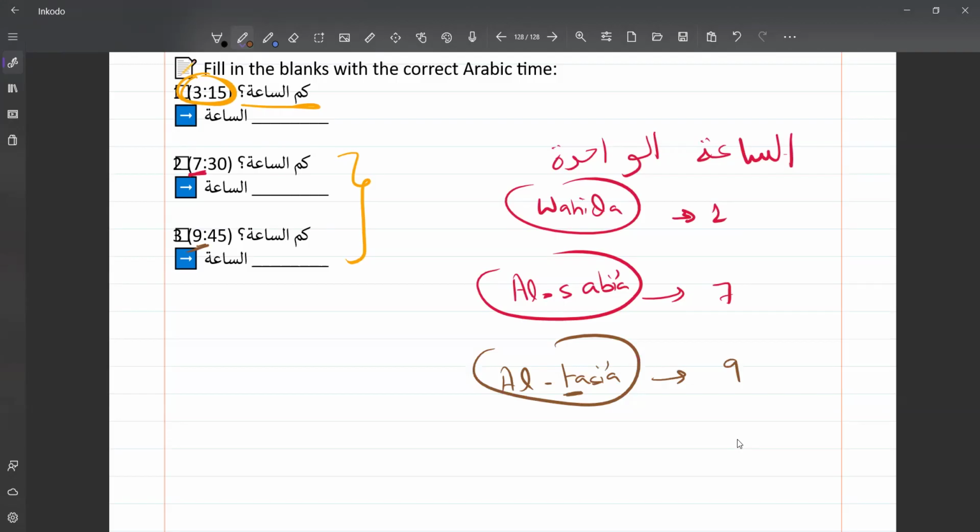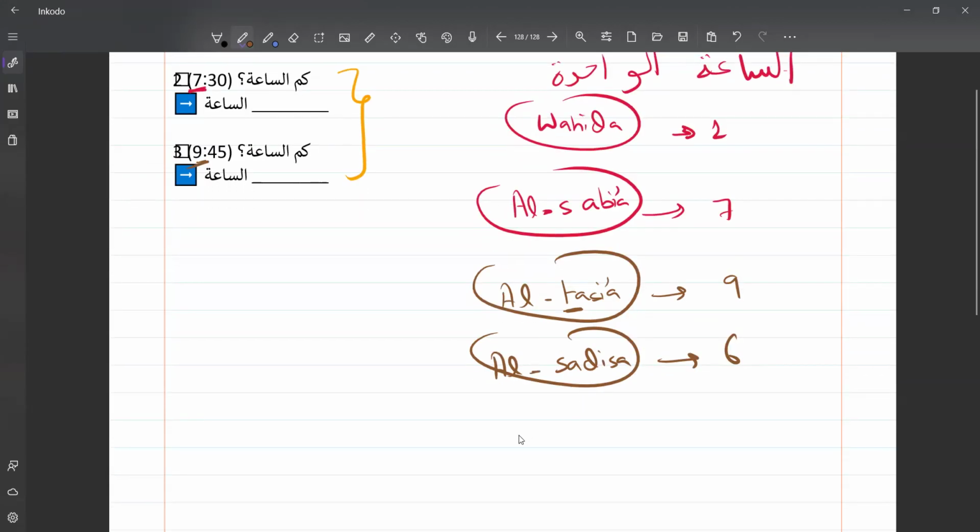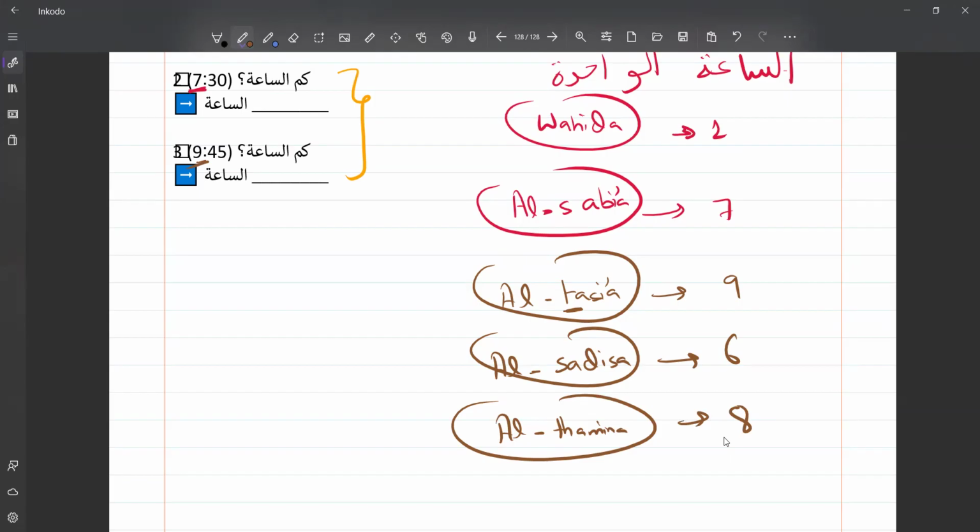And if you want to say 6, you will say as-sadisa. As-sadisa means 6. And as-sabi'a means 7. And as-samina means 8, right? And at-tasi'a means 9.